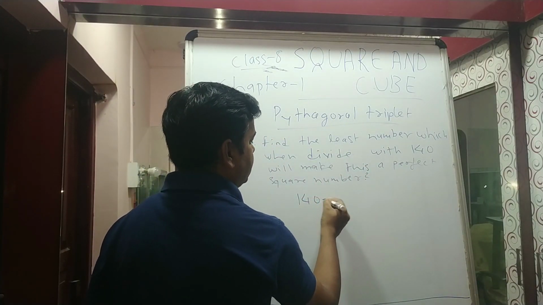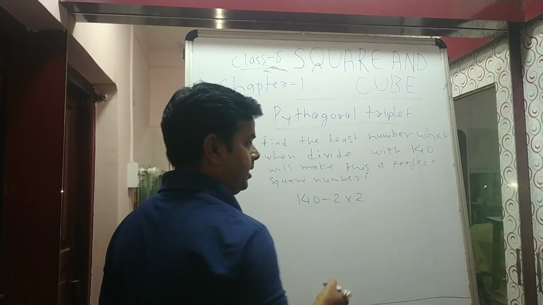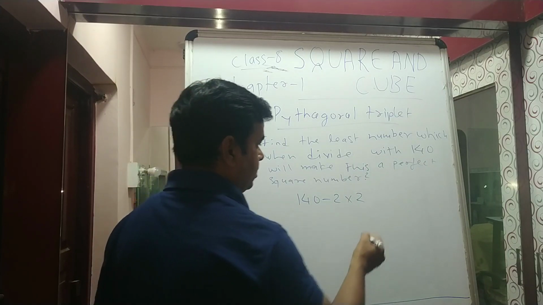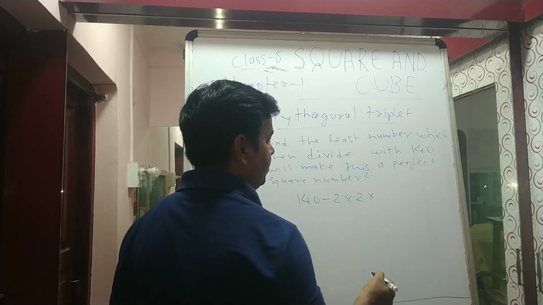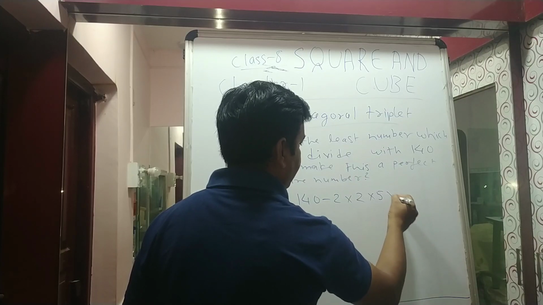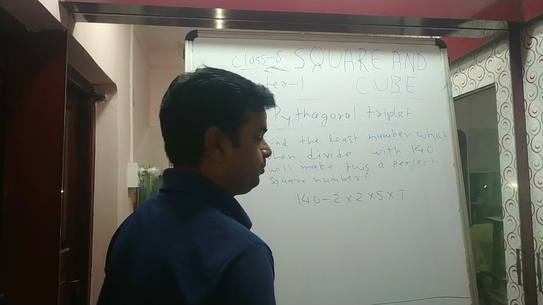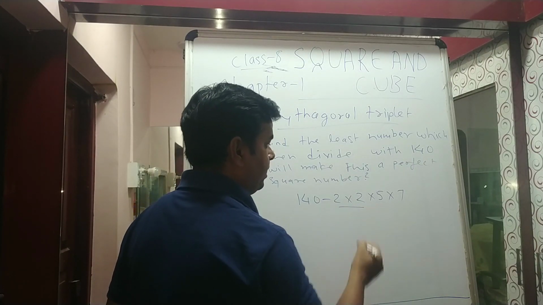So the factors of this is 2 into 70. 70 is again divided by 2. 35. 35 can be divided with 5. Okay, and 7. Right? So this 2 is in pair.